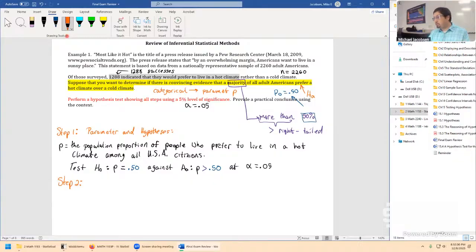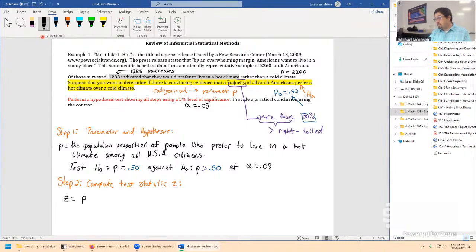So let's say for step 2, compute test statistic Z. Good strategy here is just to write it down as a formula.